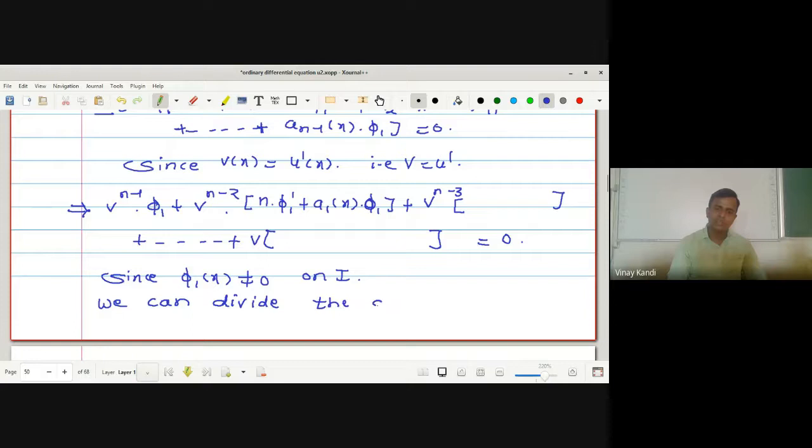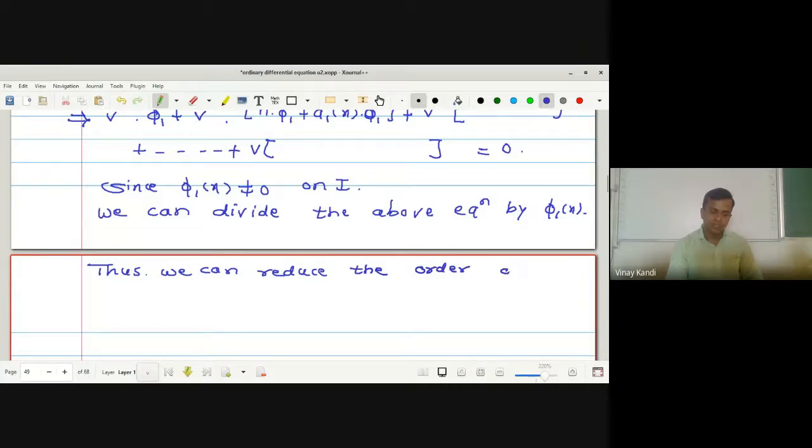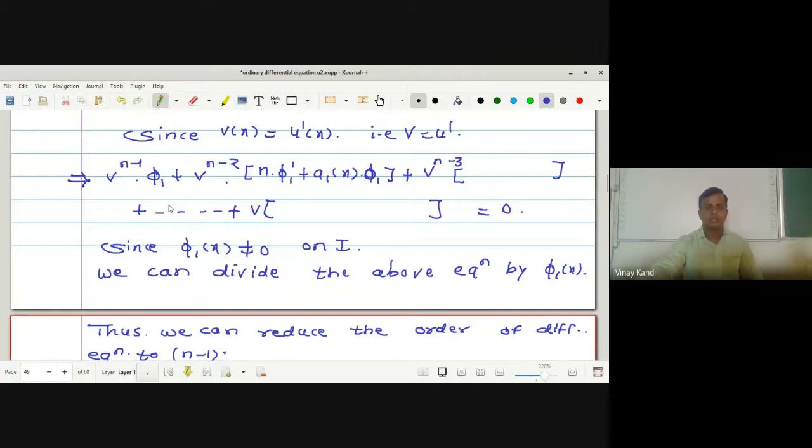Thus we can reduce the order of the differential equation to n minus 1. So this is the differential equation with order n minus 1.